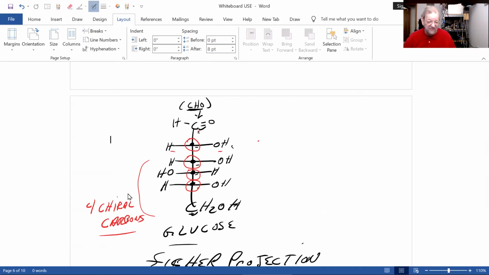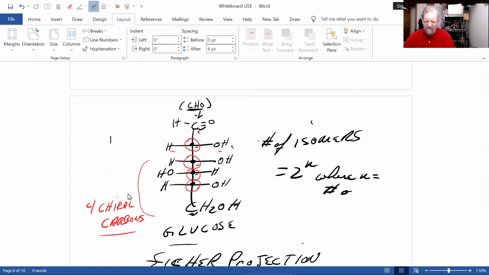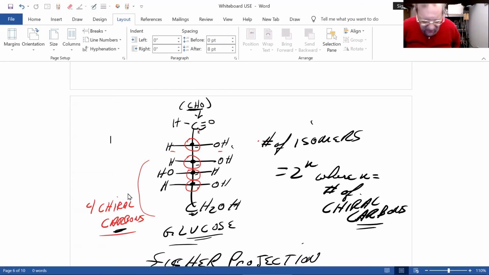Now, one of the things I can show you, because we talked about stereoisomers, this won't be on the test, but it's still interesting. Actually, this is more isomers, including stereoisomers. If you notice, glucose has 4 chiral carbons, and the total number of isomers, both stereo and non-stereo isomers, are 2 to the n, where n is the number of chiral carbons.